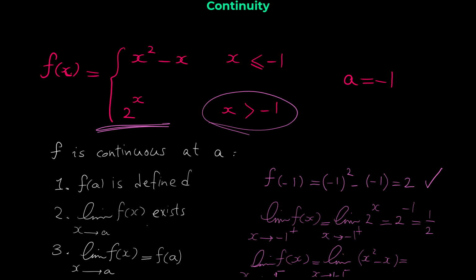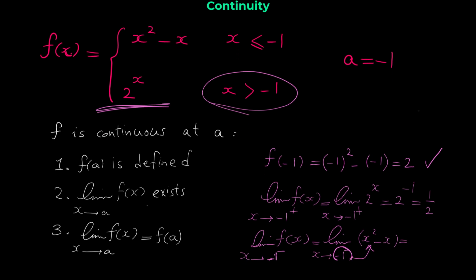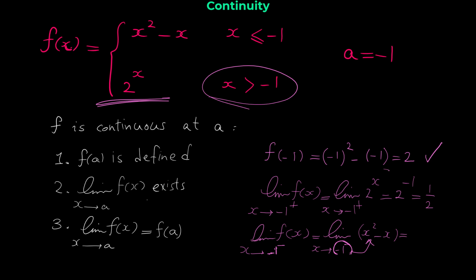Simply, if you plug in -1 for x, (-1)^2 is 1, and 1 minus -1 would be 2. So the left limit is 2.